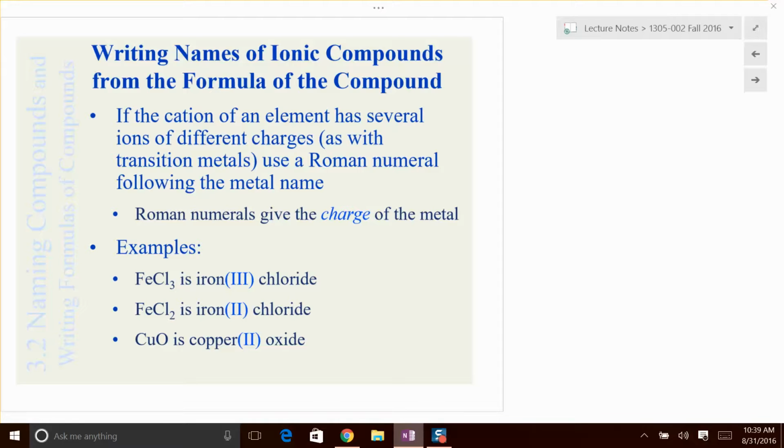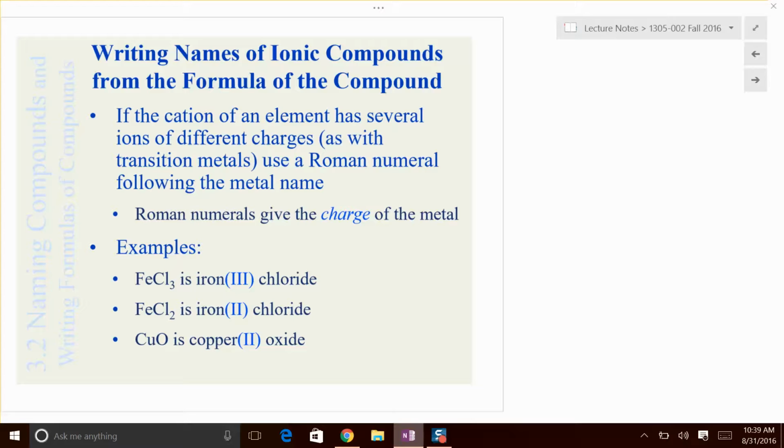Now it's going to get a little trickier again. Okay. So when you have a metal that is not a metal found in the first two columns of the periodic table, it can have multiple charges.